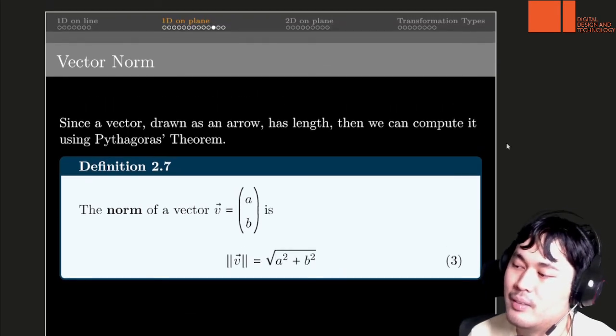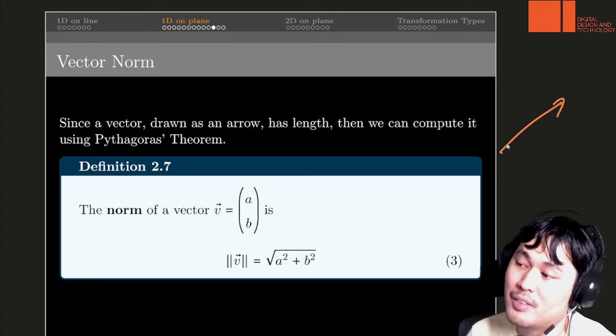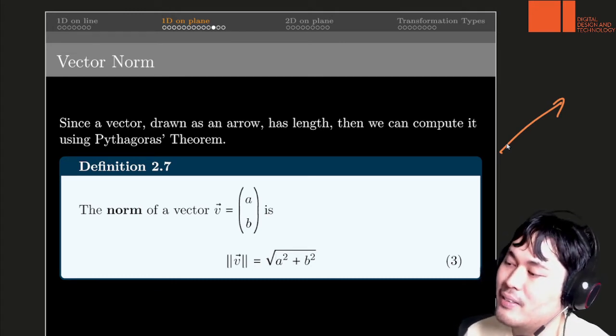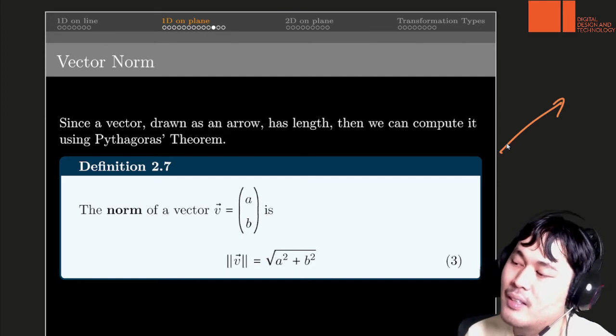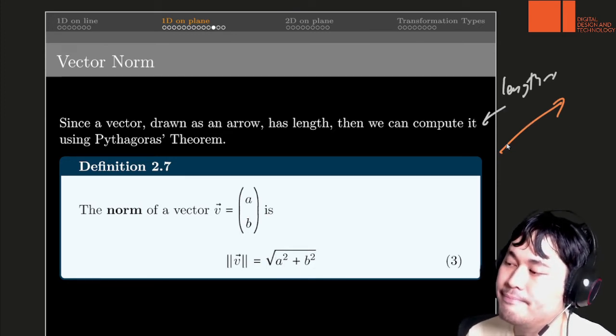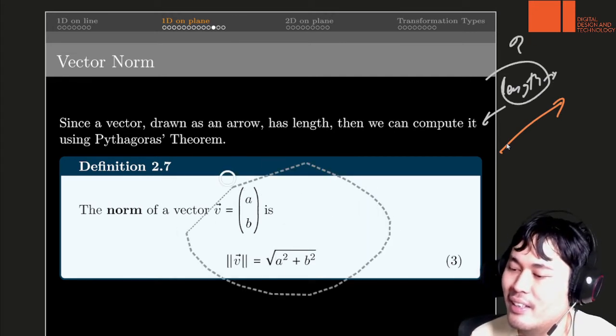So if you have a vector, which is again just a line, from a physics point of view, remember that they think of a vector as a line that has a length and a direction. And what is the length of a vector? And here it is.